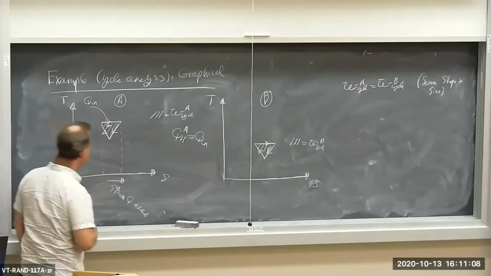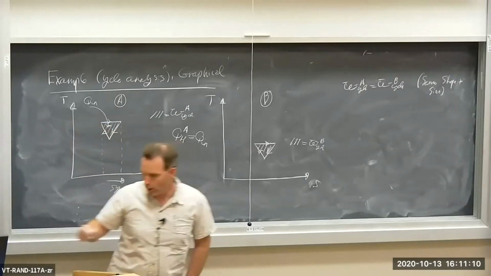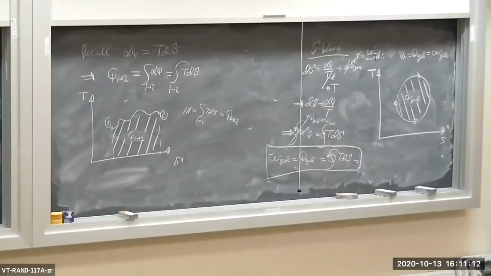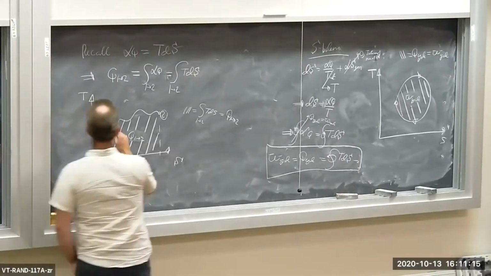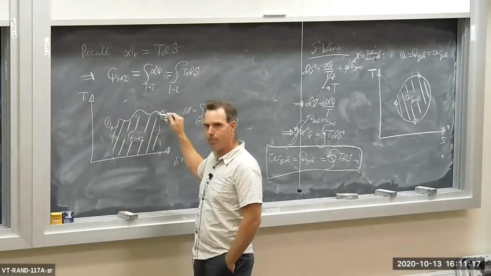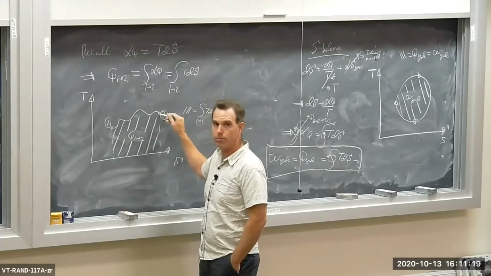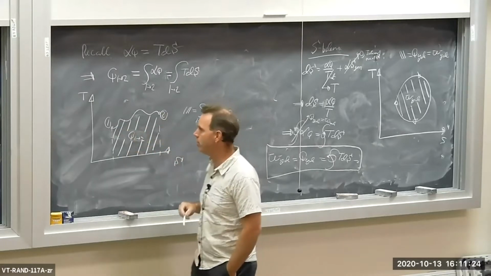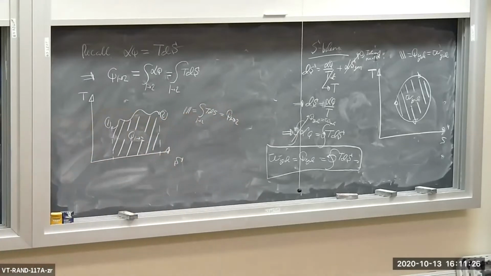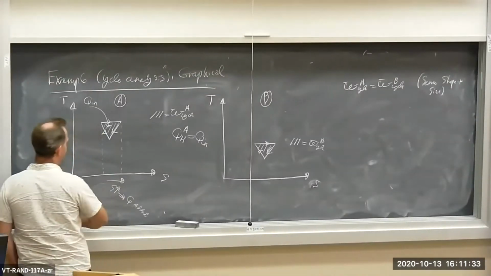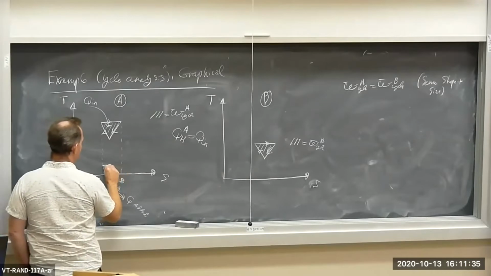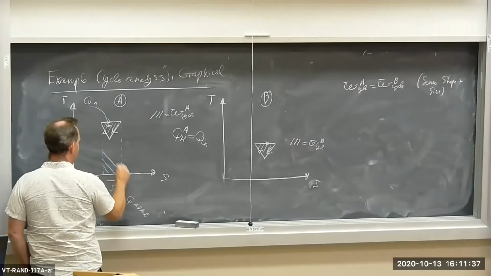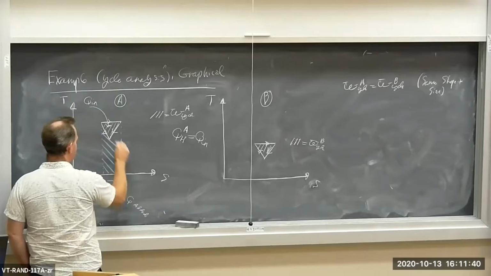Now, as we can see over here, the area underneath the TS curve represents the heat transfer for an internally reversible process. The area underneath the TS curve represents the heat transfer into the system. So this blue area is my heat transfer into my system.